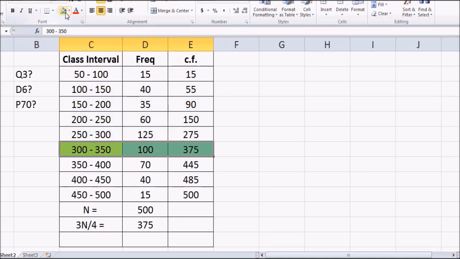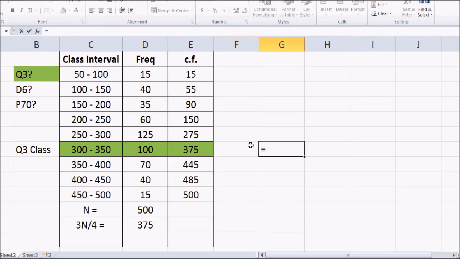So let me give a color for this. For Q3, this is my Q3 class. Okay, now let me do the calculation here.